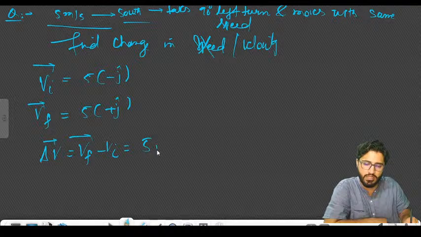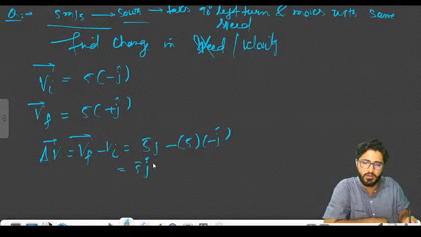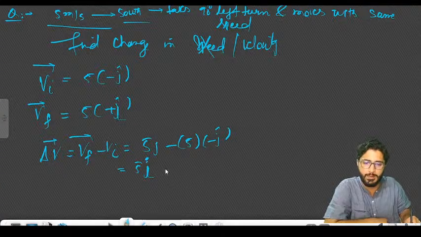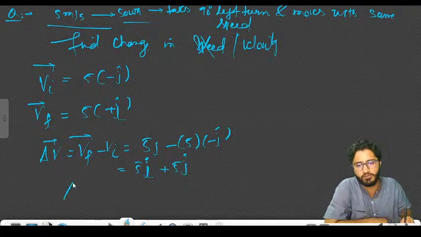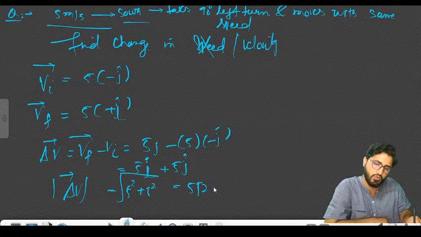Finally, it is 5 j cap. Initially, it is 5 minus j cap. So it is 5i plus 5j. Done. And what should be this mod? It is the square root of 5 square plus 5 square. That is 5 root 2 meter per second.